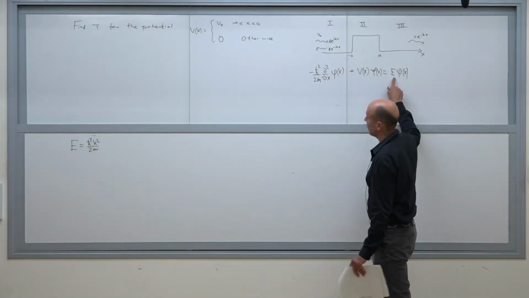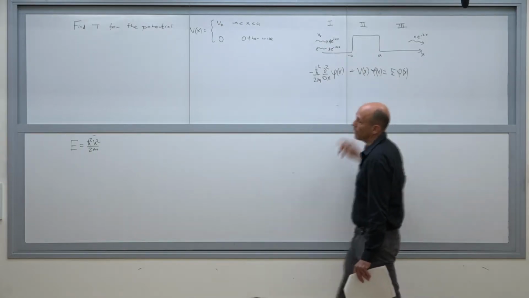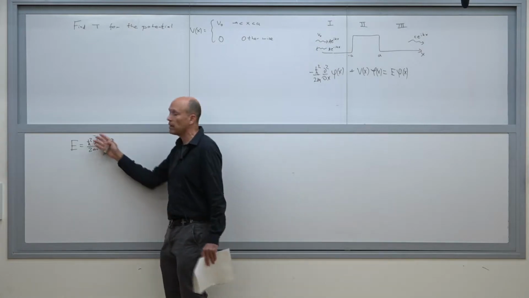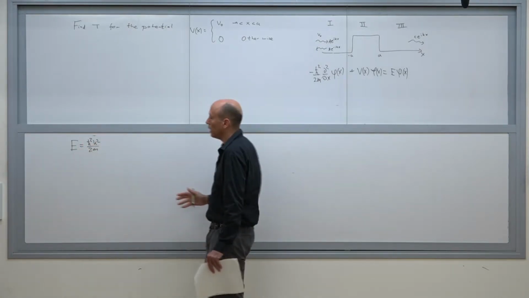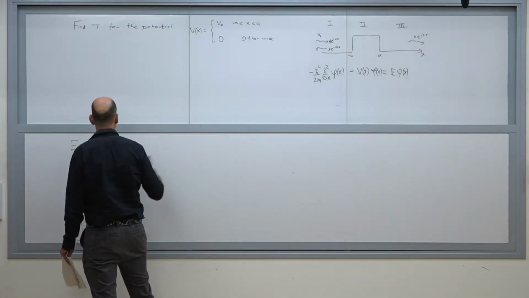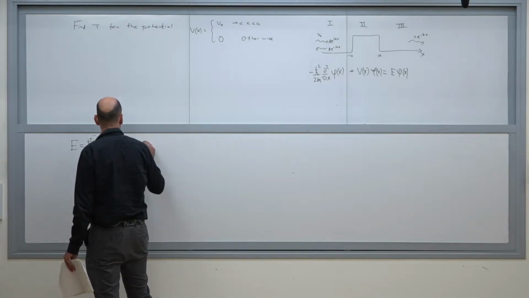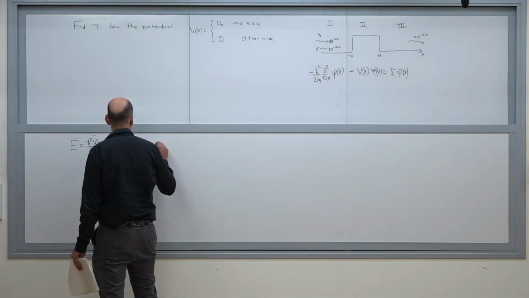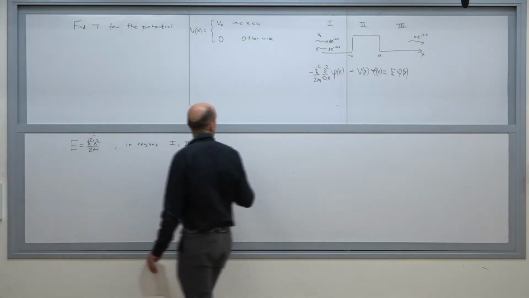I just represent k and E as different numbers. So again, if I know E, I know k. K is given. Or if I know k, I know E, it's the same thing. If I represent it like this, then it's very easy to solve in region 1 and 3. Why is it trivial?